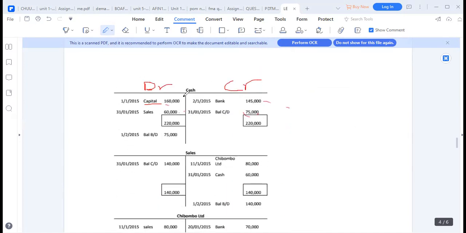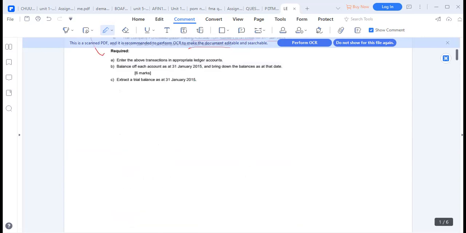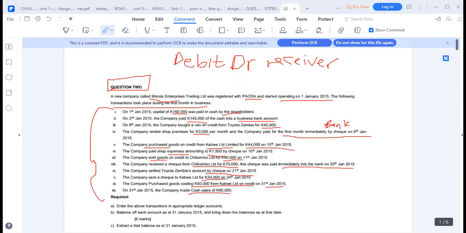The cash account here we are balancing to say this is 160,000. That marks the first transaction for the first month of this year, 1 January 2015.